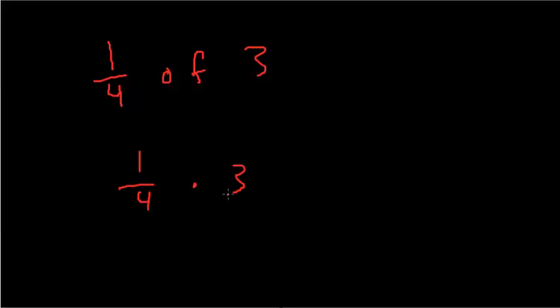You can change any whole number into a fraction by putting it over the number 1. 3 over 1 is the same as 3. So we saw before with division, 3 divided by 1 is 3. So 3 over 1 is that whole number 3. So I can take 1/4 times 3 over 1. And if I'm multiplying, I multiply again straight across. 1 times 3 is 3. It's my new numerator. And 4 times 1 is 4. Multiplication is one of the easiest things to do with fractions. So let's take a look at another example.